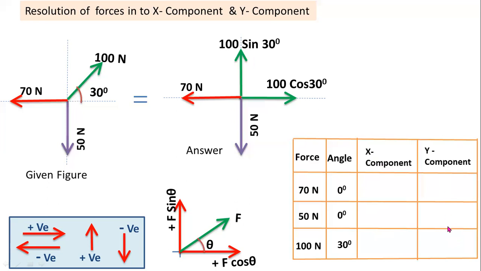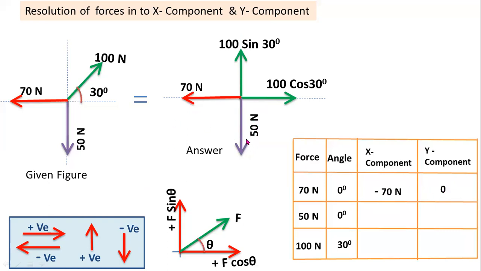Here you can observe 70 newtons. This 70 newtons force lies on the x-axis, so this force has only an x component. This force is acting towards left, so you have to consider negative sign. So minus 70 is the answer, and y component is 0.